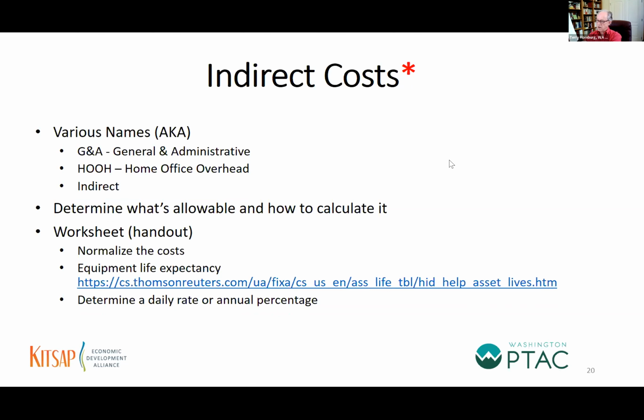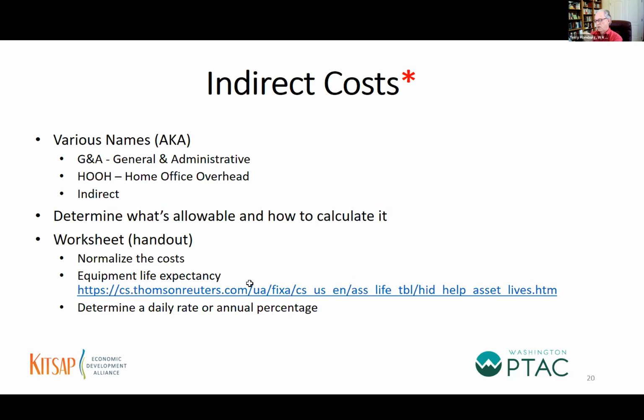And then you add it up at the bottom. And in this case, it came out to $103,000 for a year of indirect costs. Okay. Further down on the bottom of that worksheet, it shows that the annual cost of your indirect pool is $103,000+.